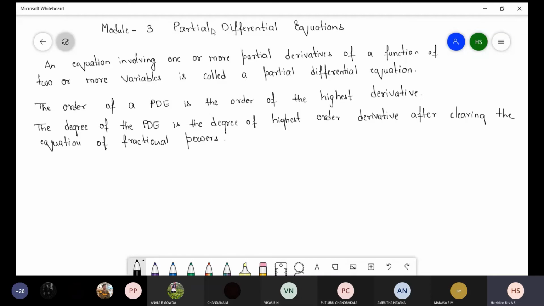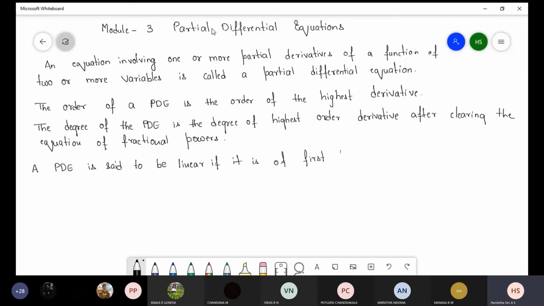Next, a partial differential equation is said to be linear if it is of first degree.